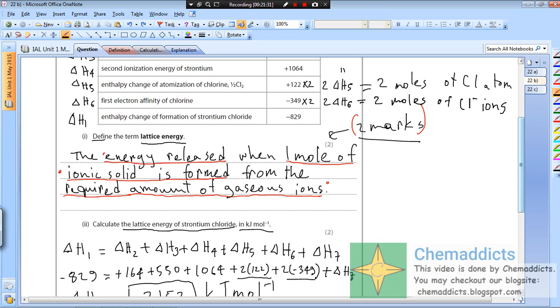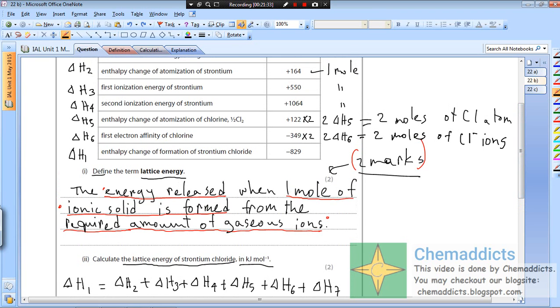So that's the main thing over here. Don't forget to multiply this thing with 2, since this is for 2 moles and this is also for 2 moles.